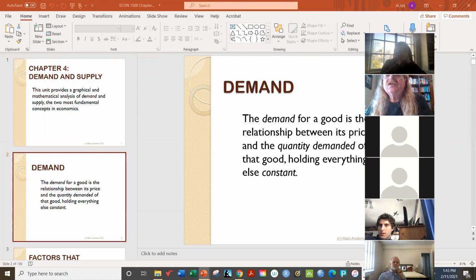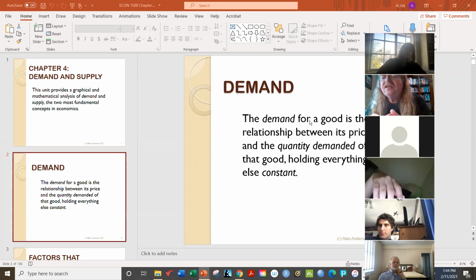So we're looking at the relationship between what we're going to call the quantity demanded and the price, and we're going to hold everything else constant. That's an important detail. We'll relax that later on, but right now we're assuming that everything else stays the same. We only want to focus on the relationship between the price and the quantity.